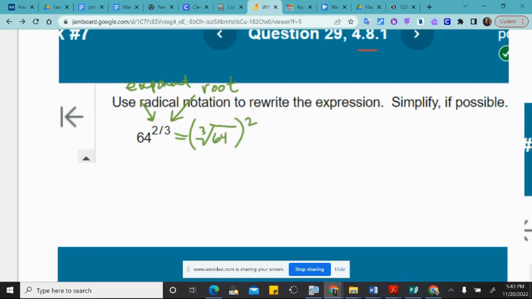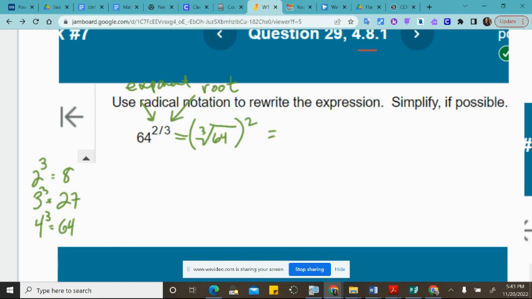And if you're going, but I don't know the cube root of 64. Okay, well, some of these things you're going to have to memorize, because some people would say 8. No, that's the square root of 64. So if you memorize some cube numbers just as much as you've memorized the squared numbers, like 2 cubed is 8, 3 cubed is 27, you'll get to the point where you go, oh yeah, I know that 4 cubed is 64.